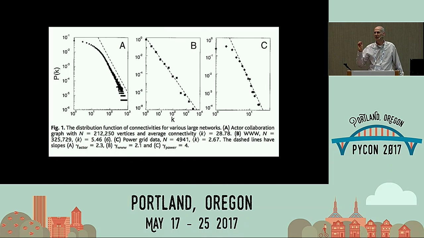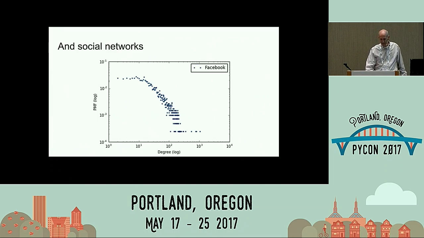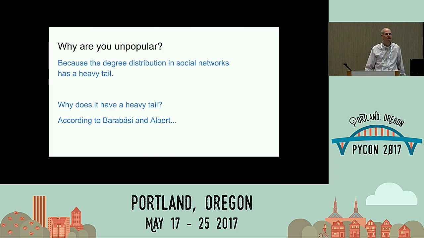If you look at things like protein-gene relationships, there are a lot of networks that also have these long tails. So this comes to an interesting question, which is why all of these networks have this property. So we're kind of following a two-step process here. The reason that you are unpopular is because the social network has this long tail.